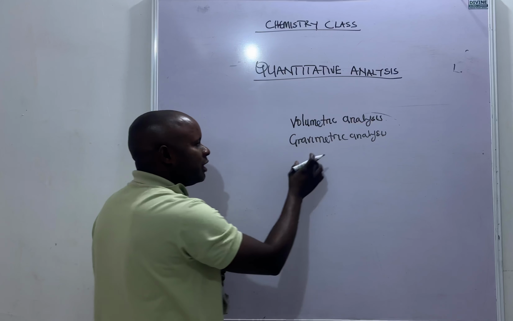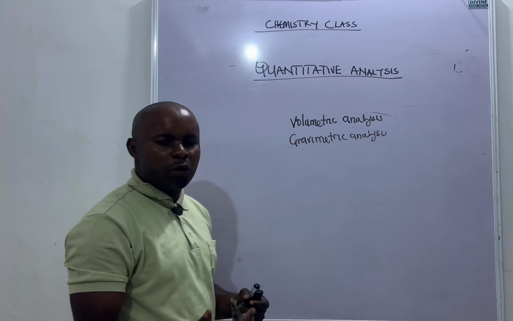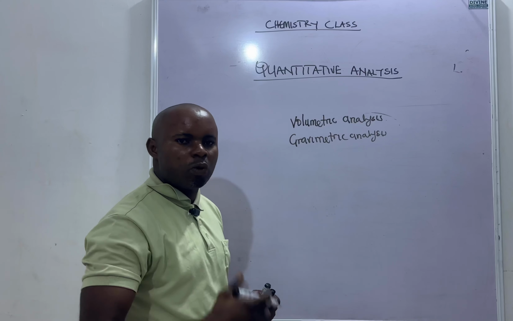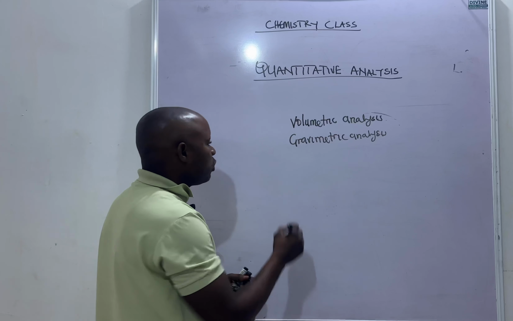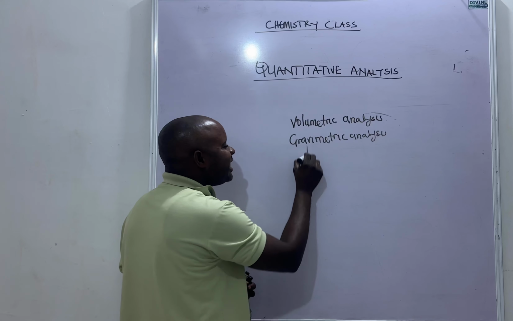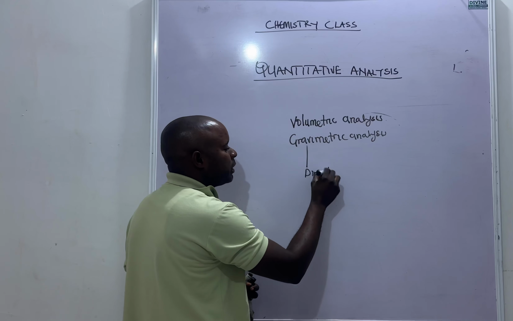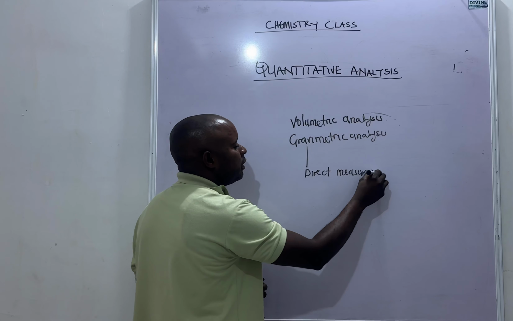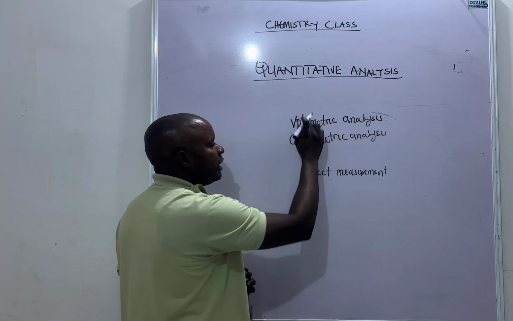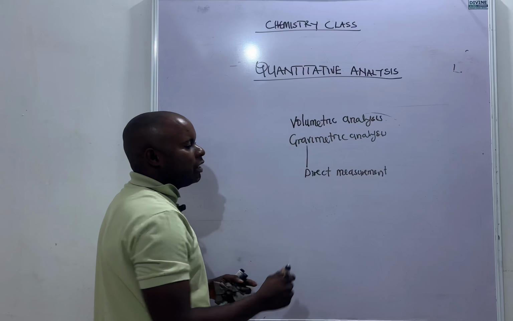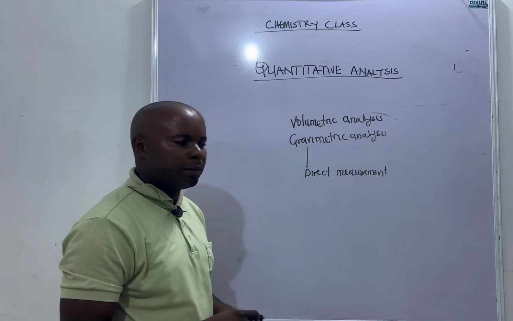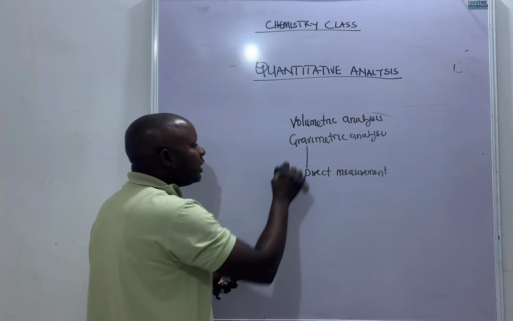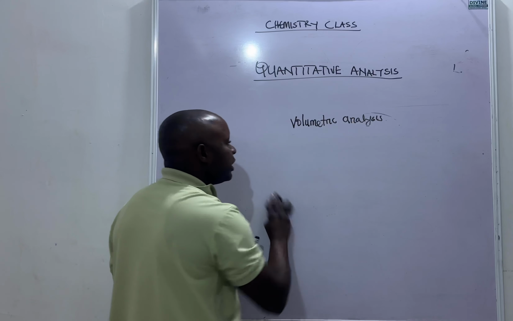In volumetric analysis, as the name implies, we measure the volume of a known substance by using it to compare with the unknown. Gravimetric analysis is a direct measurement of substances. We use gravimetric analysis to determine a direct measurement of these substances. We are going to dwell more on the volumetric aspect of quantitative analysis.